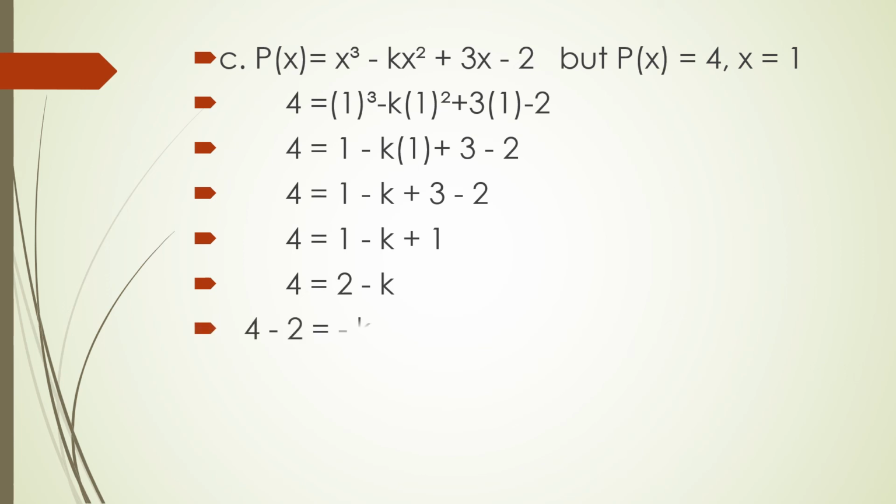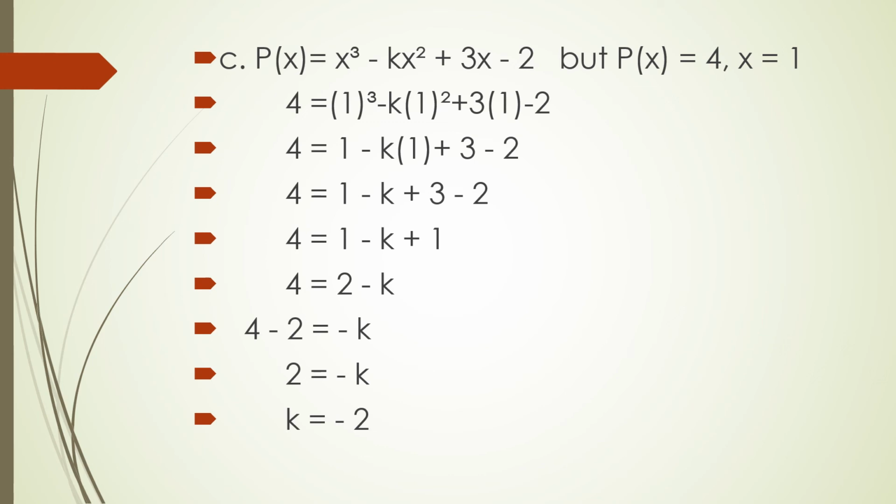And then transposing 2 to the left side of the equation, it becomes 4 minus 2 equals negative k. But we do not accept a negative variable. In short, dividing this by negative 1, so k is equal to negative 2. Yan. So, the value of k is negative 2.